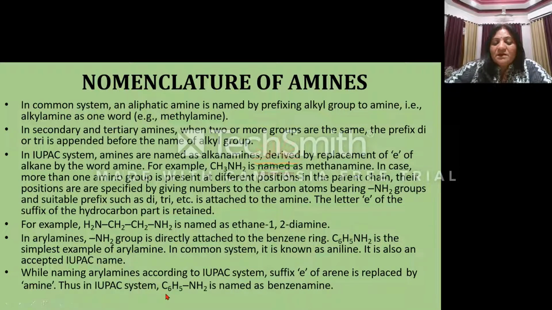This is aromatic group benzene. We replace E here and add the suffix amine, benzeneamine. So the aniline and benzeneamine both may be the IUPAC name of this compound C6H5NH2.